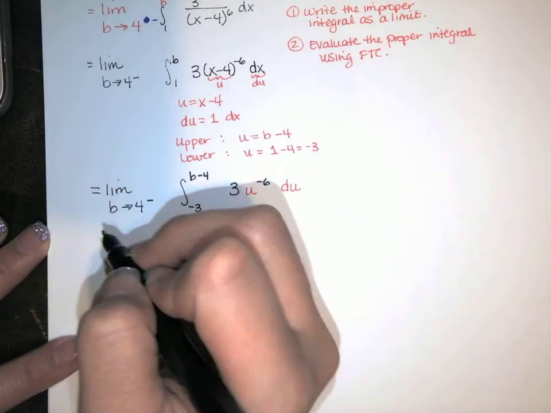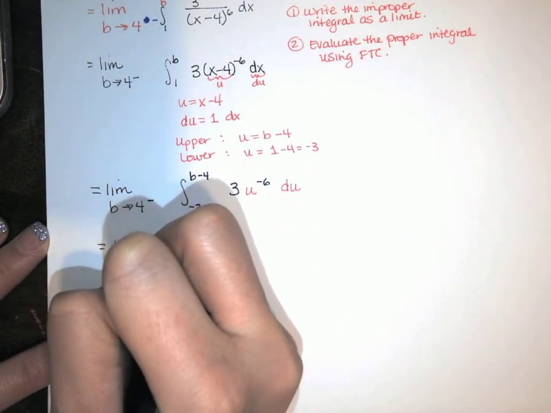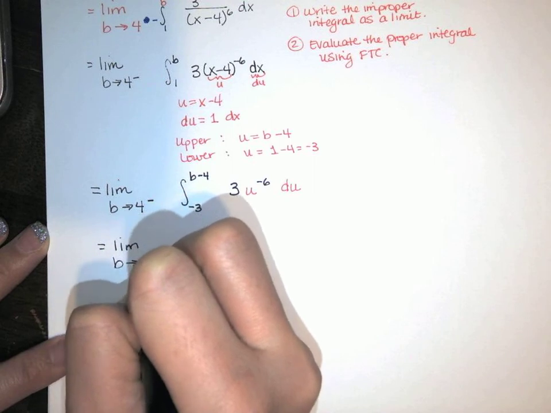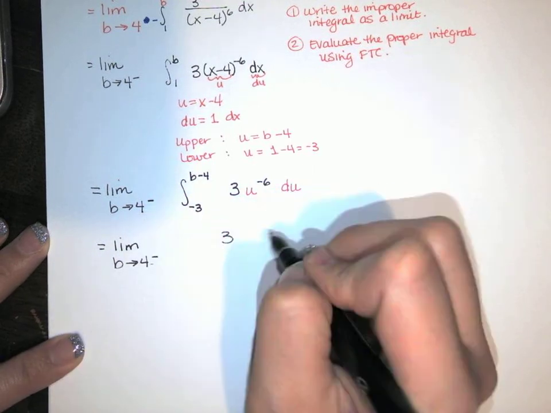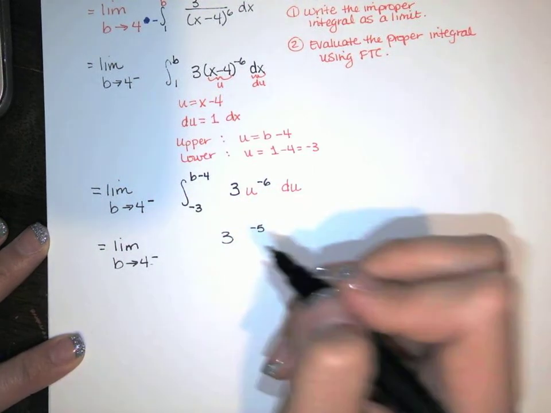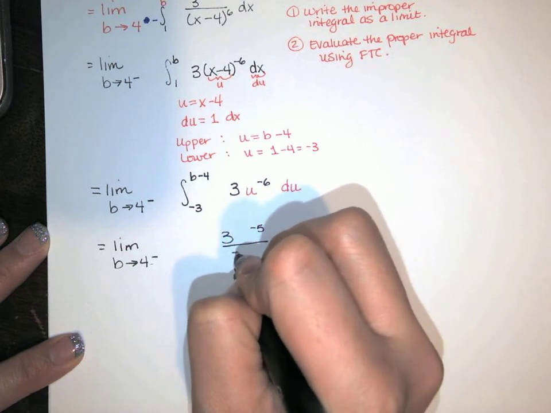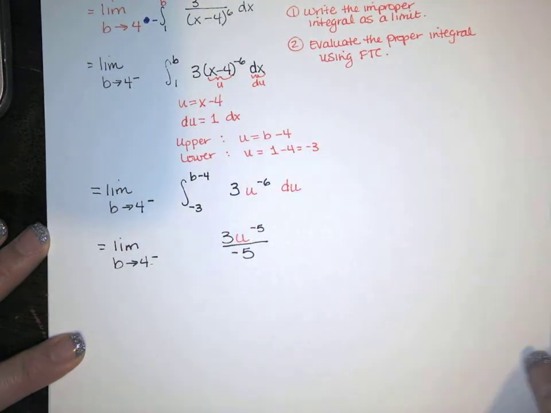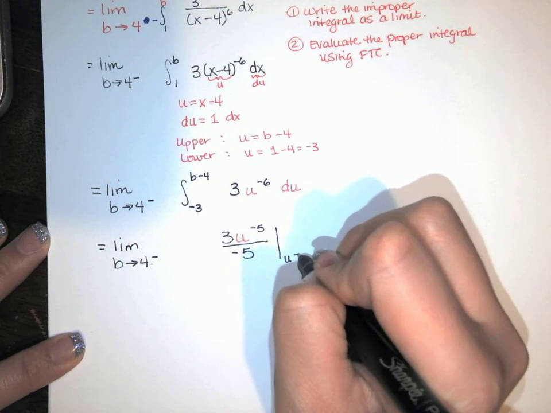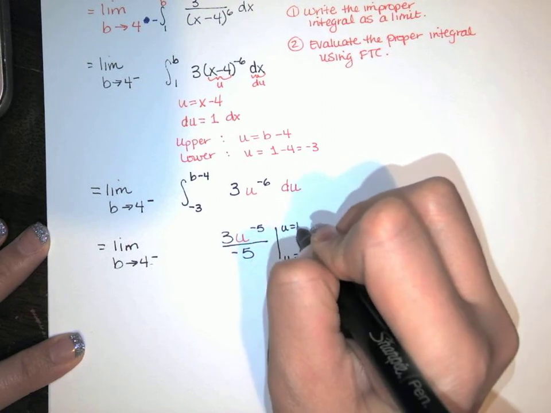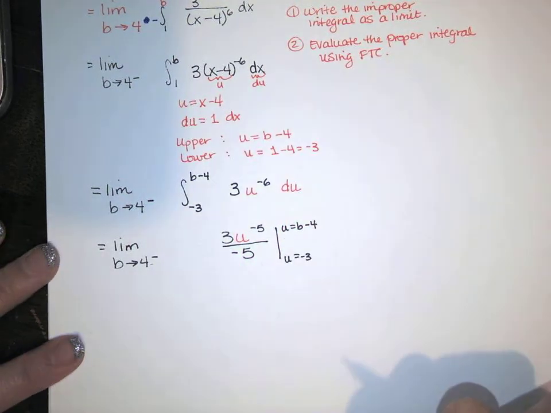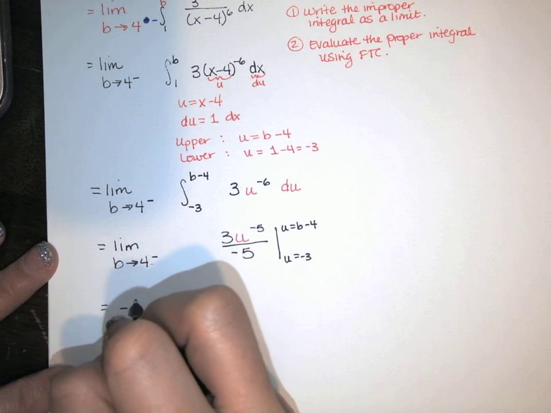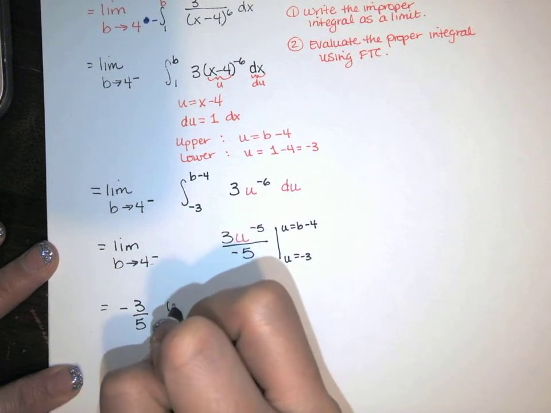We did our u sub. Now we have to anti-differentiate using our basic rules. So we add 1 to the exponent and then divide by the new exponent. Then you substitute in u equals negative 3, and then you substitute in u equals b minus 4 and subtract. So I'm taking out the negative 3/5 there.